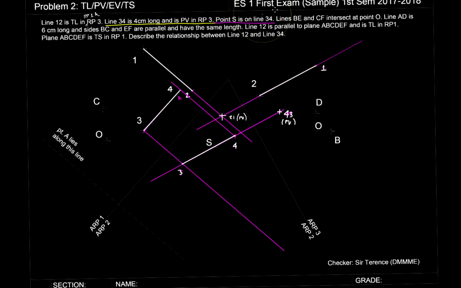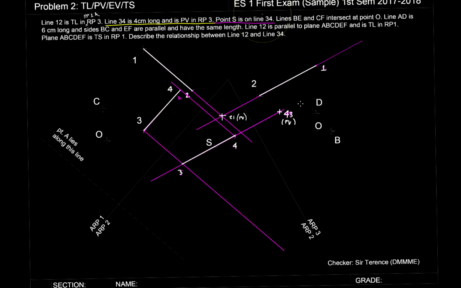Sabi daw, lines BE and CF intersect at point O. So, meron ba tayong line B? May line B tayo. And, sige, stop muna tayo dun sa instruction na to, no?